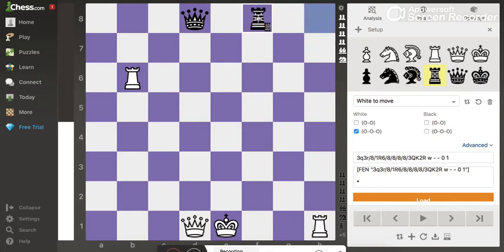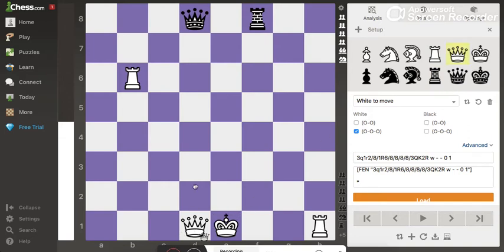But suppose the rook is here, or even here. The king is basically moving from this square to this square and then to this square, but the rook is here. So this file is under check, and in this case also you can't castle. This rule applies on both sides.